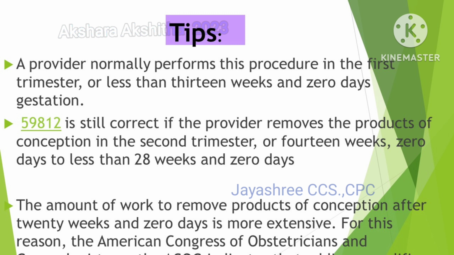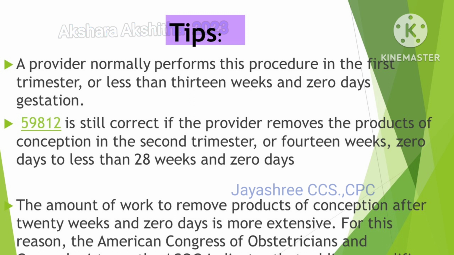Suppose the doctor removes the products of conception after 20 weeks of gestation, the doctor may have to work more extensively. For this reason we need to append modifier 22 if the doctor mentions any difficulty of the procedure or the duration in hours in the medical report, and the procedure is performed after 20 weeks of gestation.